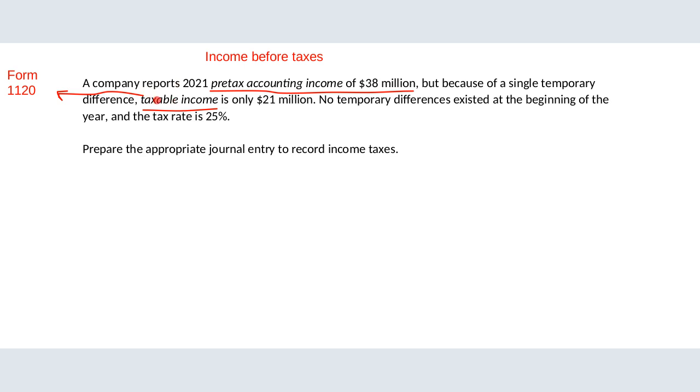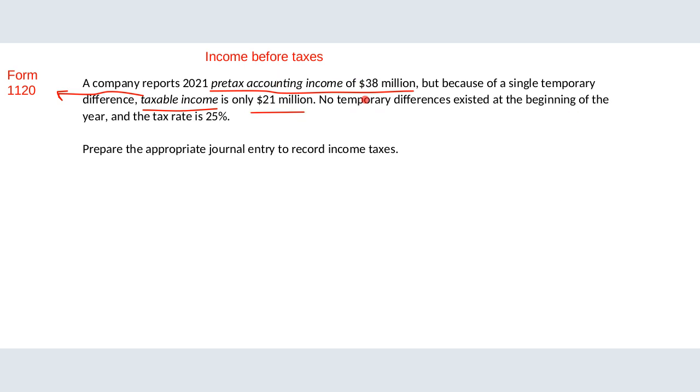The formula for the corporation is similar, except that the corporation doesn't have the for AGI adjustments, and doesn't even have adjusted gross income. So they just have income and tax deductible expenses. That's it. So the calculation in arriving at taxable income is maybe less complicated than it is for the individual. And we have taxable income of 21 million.